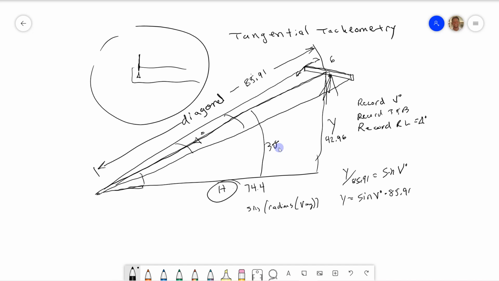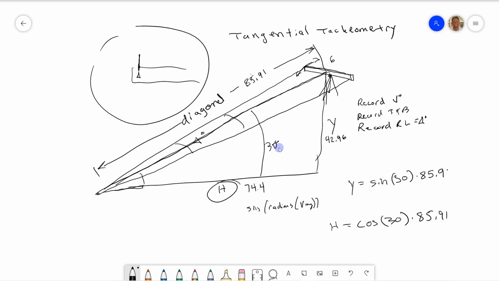And then the other one, H, was equal to cosine of 30 times 85.91. And this one here, Y, was equal to sine 30 times 85.91.